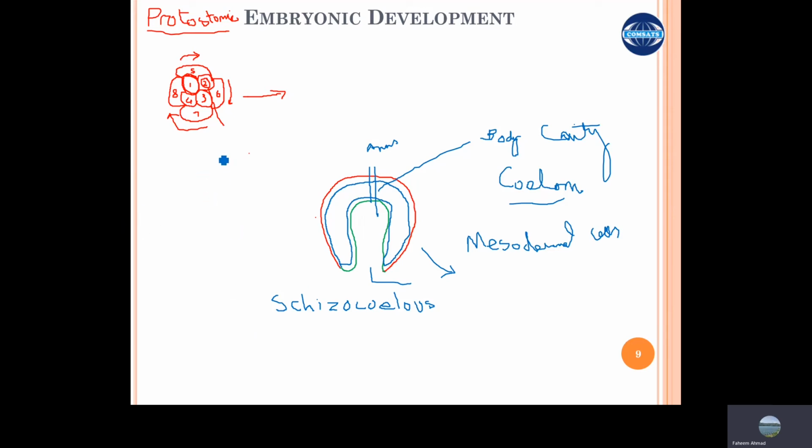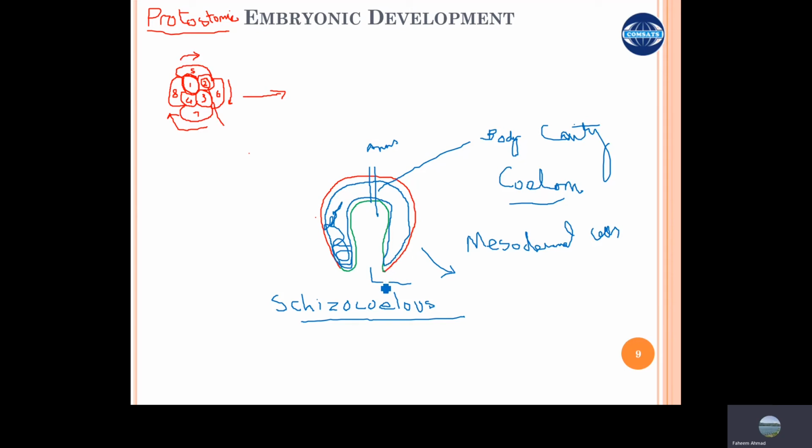So to recap, first of all we will discuss the cell division. The cell division is spiral, and the fate of the cell is determinate. So we can say in protostomic development, the animal has a spiral determinate cleavage, then they are triploblastic and they have a body cavity and a schizocoelous developmental pattern, where the cells from the endoderm split up first, start dividing, and then make the cavity later.